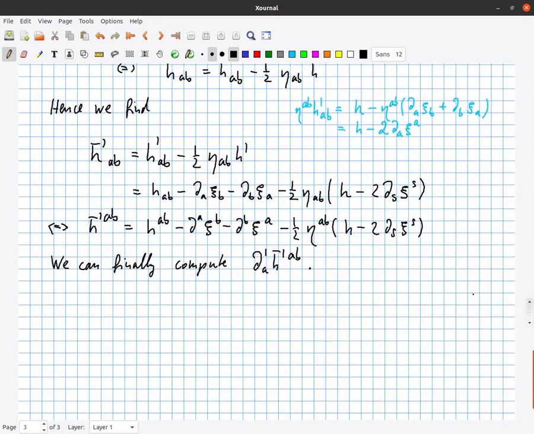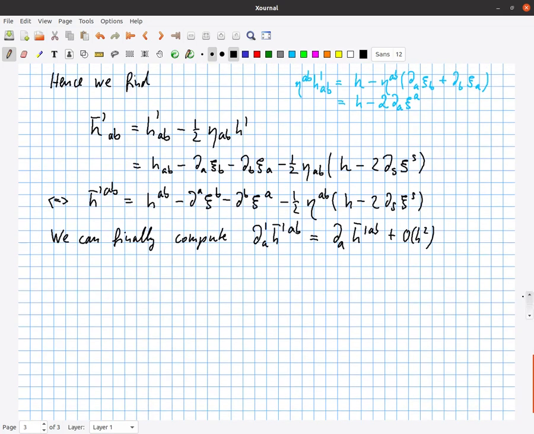Hence, the difference between this object and that one without the prime is again only something of order h squared. So I don't have to ever worry about primes of derivatives of small quantities. I'm making a mistake here that is only quadratic or higher order.